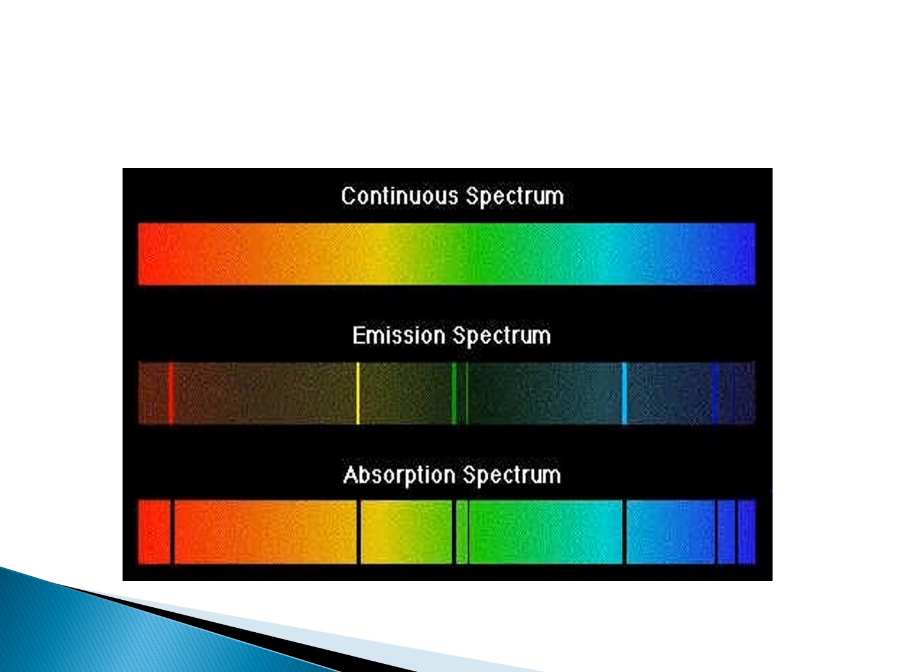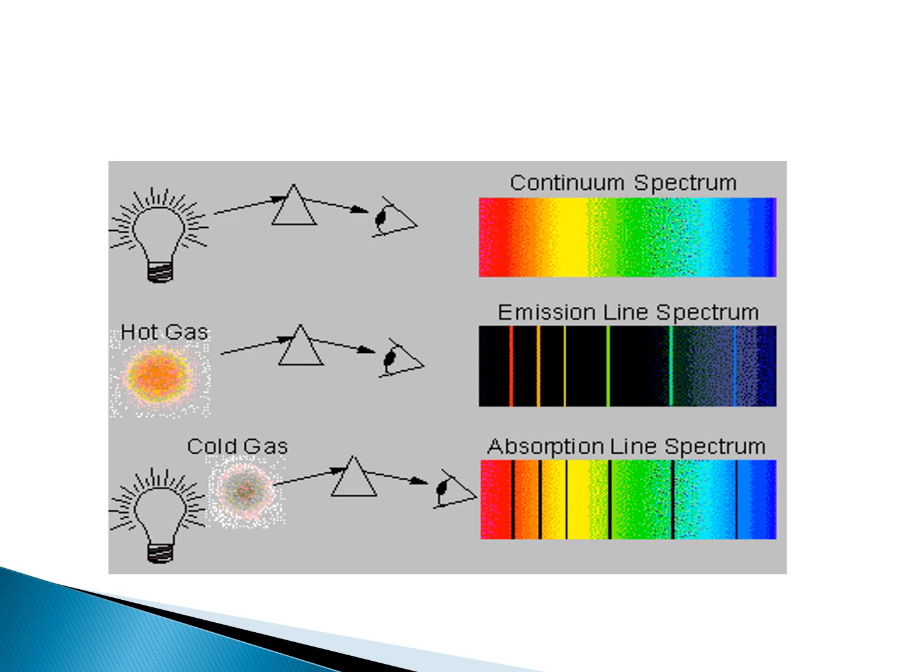You can see the continuous spectrum, emission spectrum and absorption spectrum. Light from a bulb passing through the prism gives a continuous spectrum. In the case of hot gas, we can see an emission line spectrum, and in the case of cold gas, we can see an absorption line spectrum.